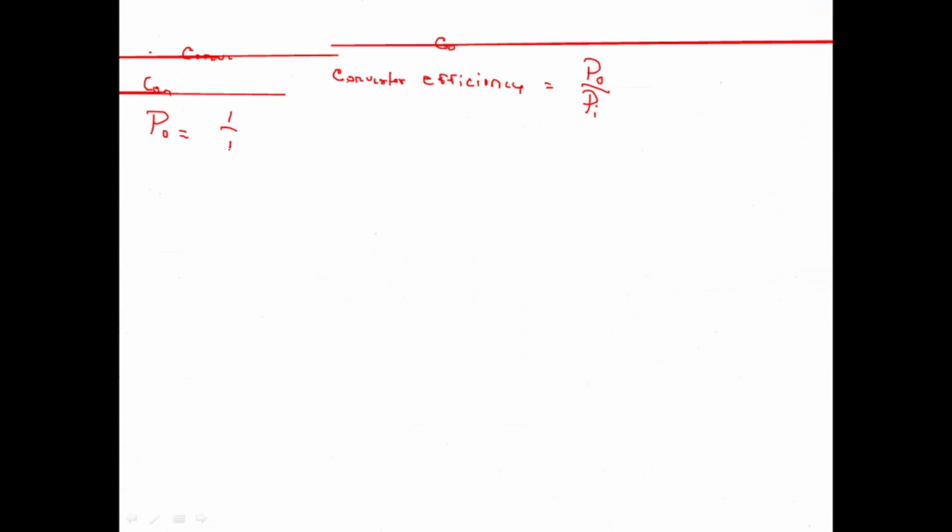1 by T integration, P0 is 1 by T integration 0 to T1, correct?